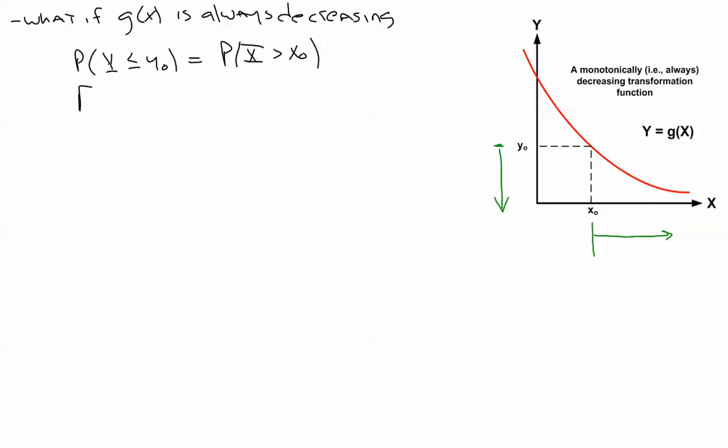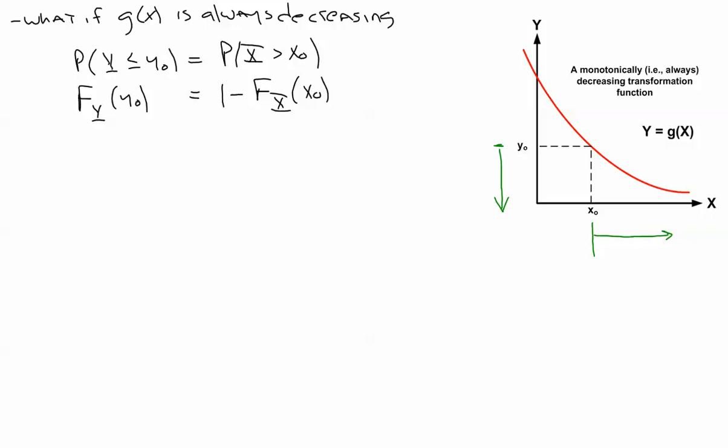But this is the cumulative distribution function of y evaluated at y naught. And this, the probability that random variable x is greater than x naught, is 1 minus the cumulative distribution function for random variable x evaluated at x naught.